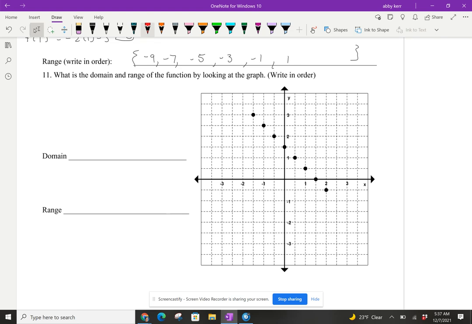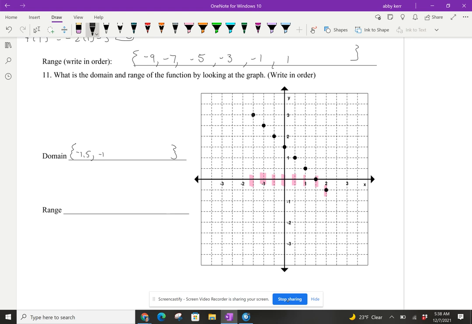All right, so for the domain, every point on the x has a domain. So this first point right here would be -1.5.